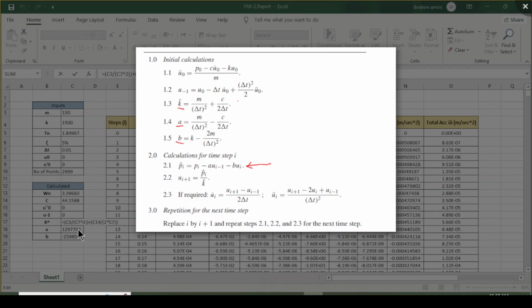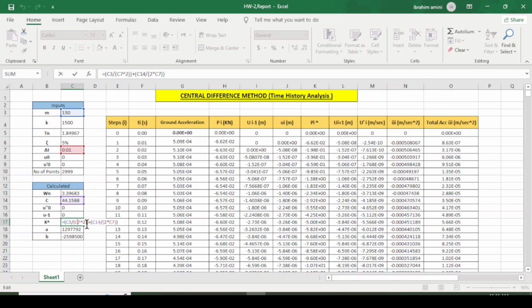The stiffness constant K is equal to mass divided by the time difference squared, plus the damping constant divided by 2 multiplied by the time difference. We have all the values that are in the formula.